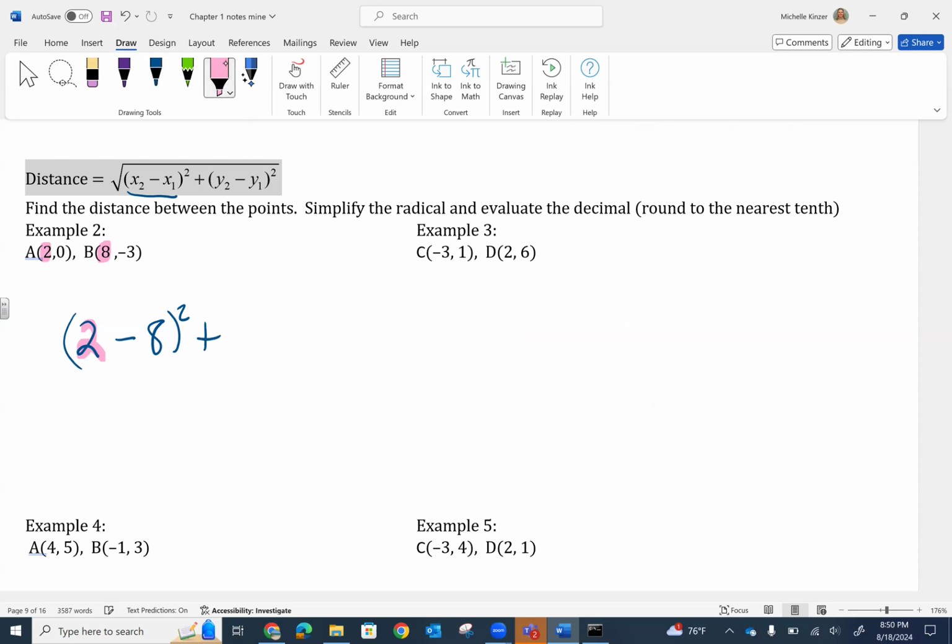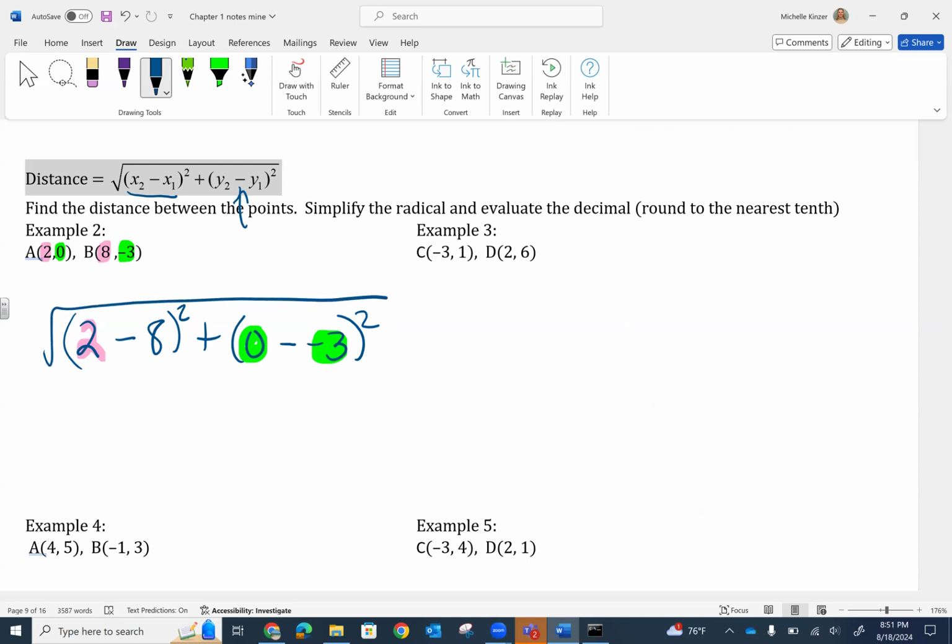We're going to take both y's, so 0 and -3. I'm going to do a 0 and a -3. And remember, the formula has a subtraction sign in it, so you have to add another one there. You've got to remember to put both of those values down, the 0 and the -3, add a subtraction sign between them because that's what the formula has, and then we're going to square it.